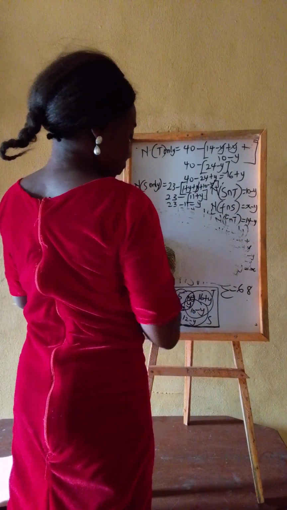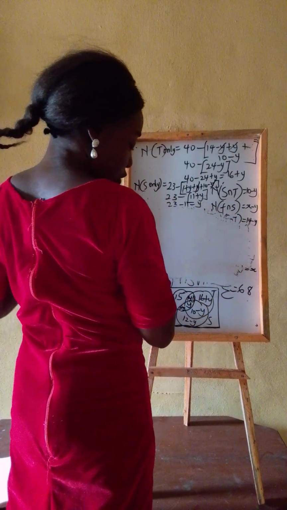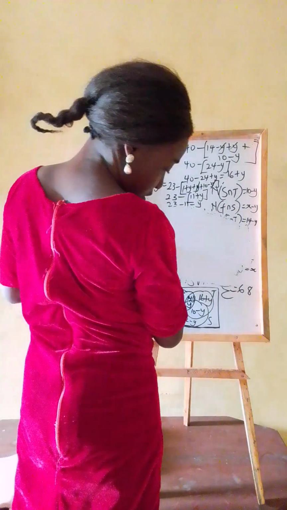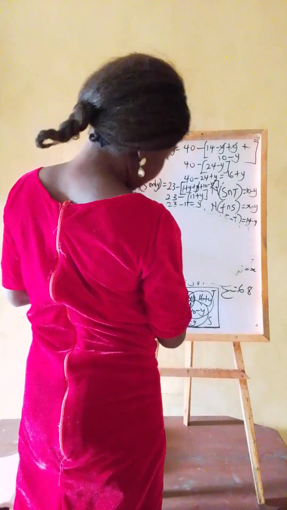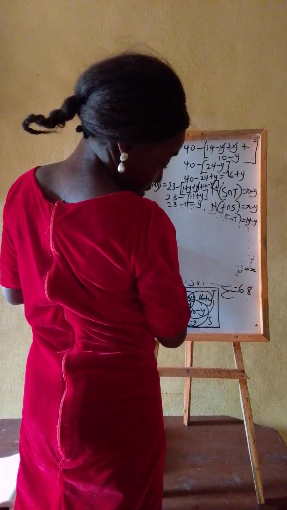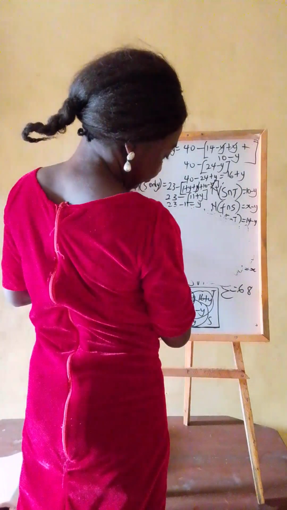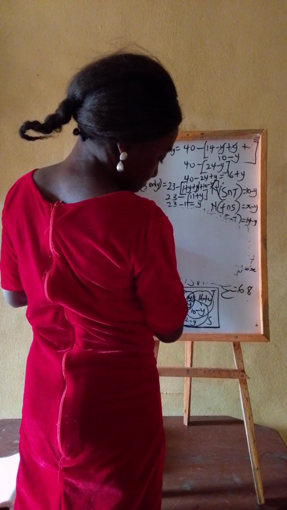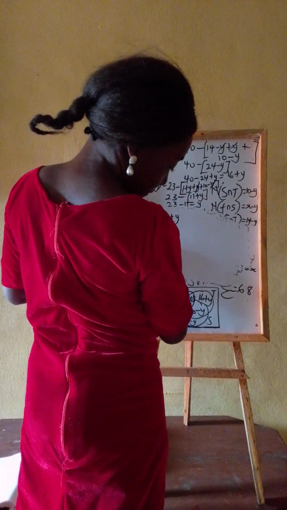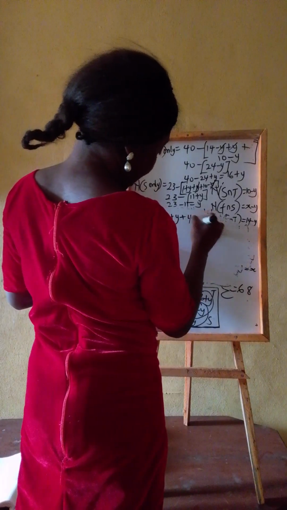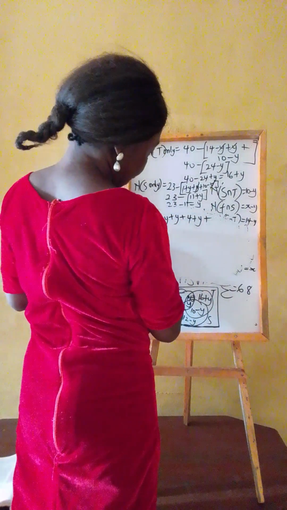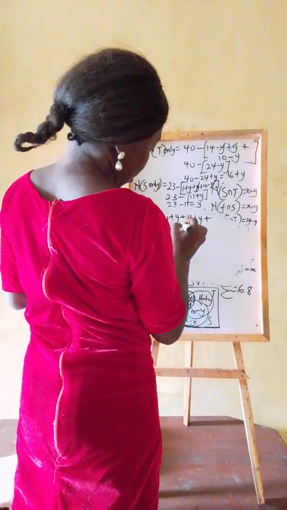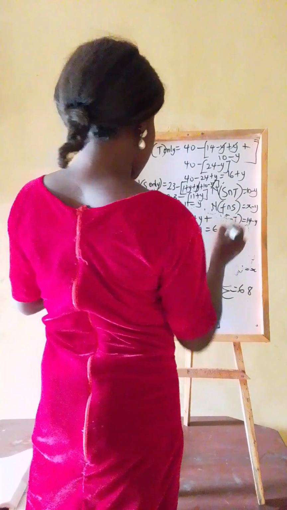So the next thing to do is to equate them. So we have 15 plus 1 plus Y plus 14 plus Y plus 16 plus Y plus 10 minus Y plus 12 minus Y equals to 68.